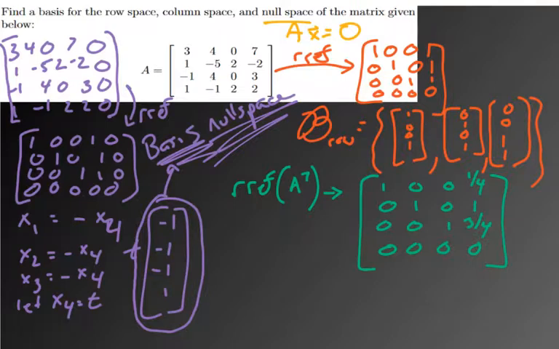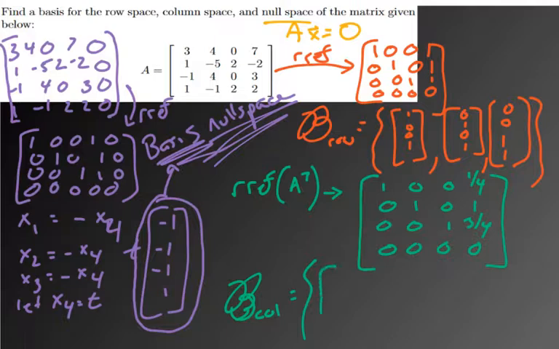And then we're going to do the same kind of trick. So we can take a basis for the column space to be the set of these three vectors in the row reduction of the transpose of A.